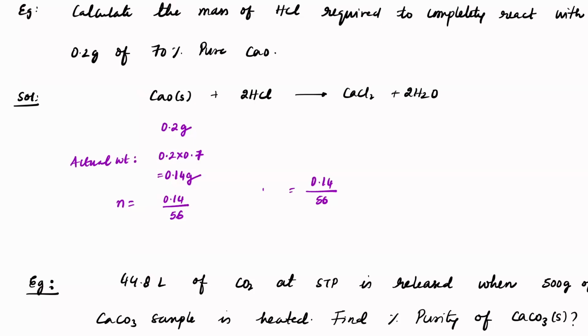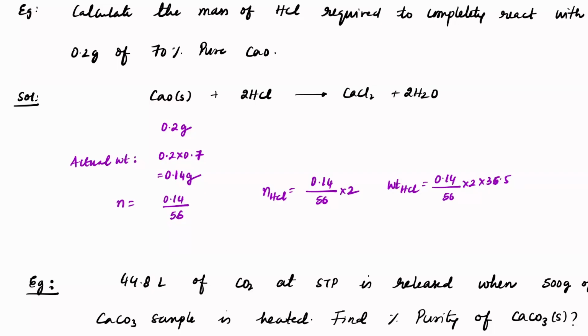Number of moles of HCl will be 0.14 by 56 into 2. And what about the weight of HCl? It will be equal to 0.14 by 56 into 2 into 36.5, which is the molar mass of HCl.